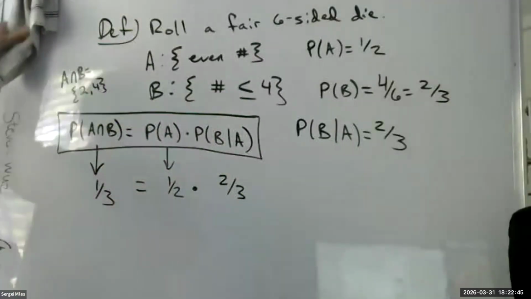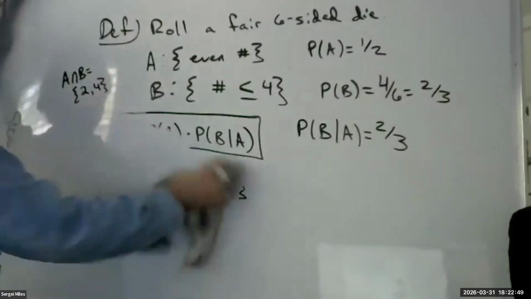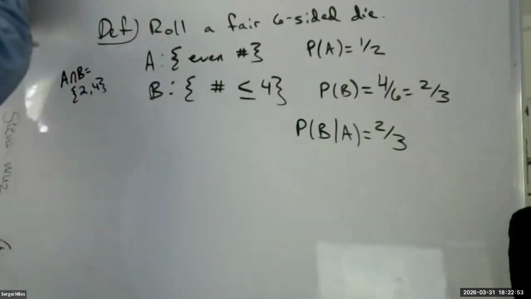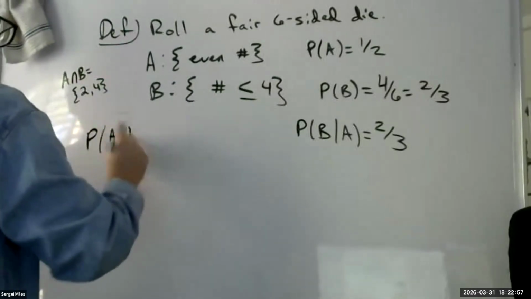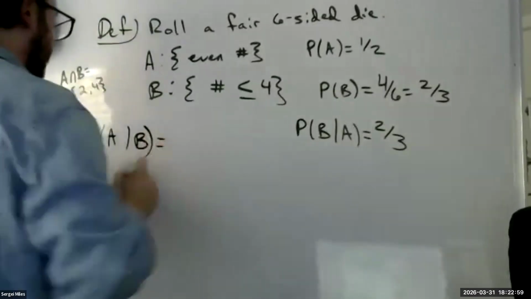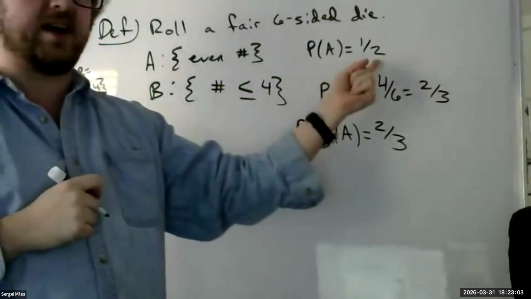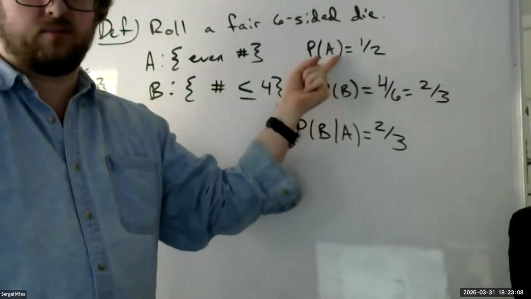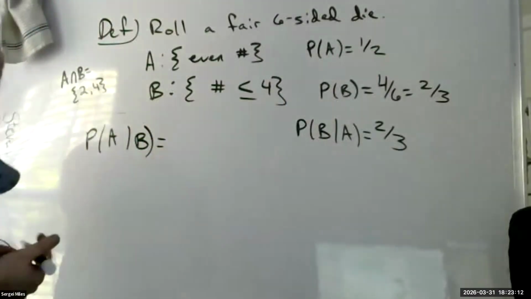Well, what if I flip the order, right? Let's see what happens. What if I think about the reverse direction? What about A conditioned on B? If B happens first, is that going to change the probability of A? We already know the probability of A is supposed to be 1/2, and that's where, if from the very beginning, we don't know if B happens first or not. Okay?